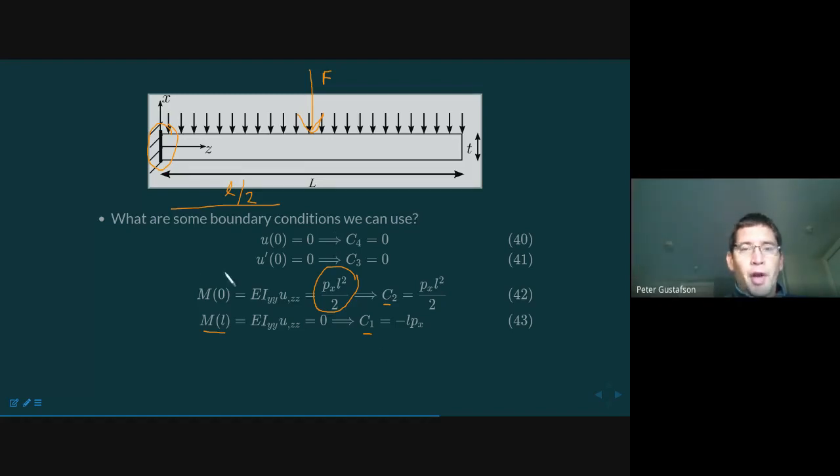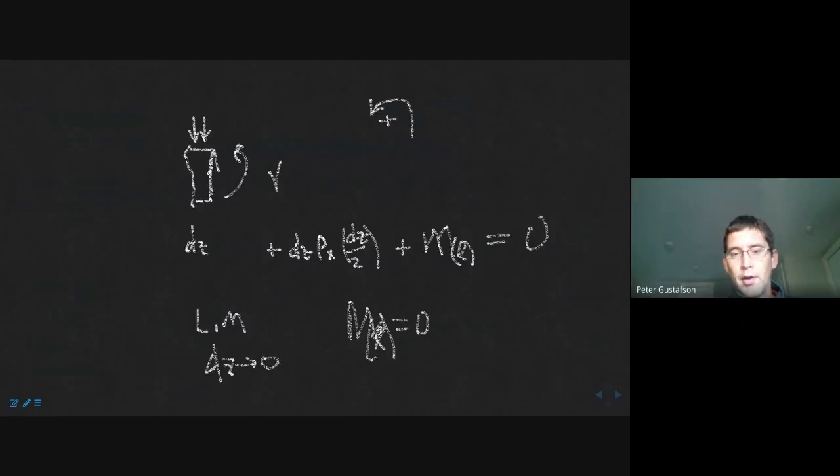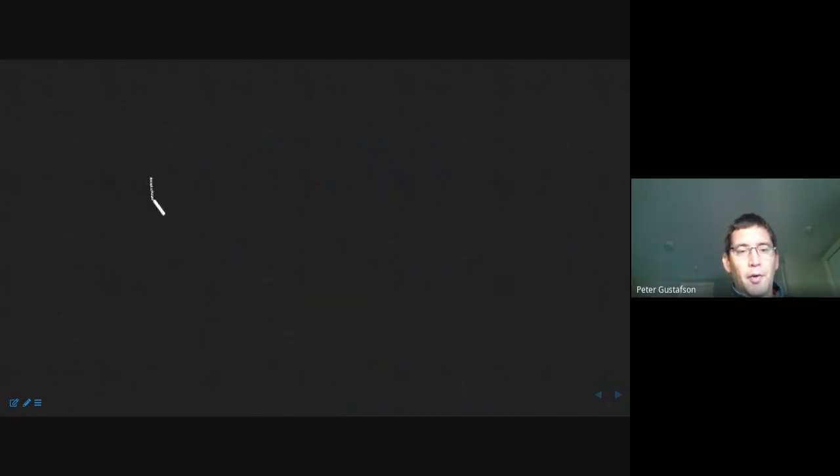Note there's another boundary condition. Basically what Alex had suggested doing at the right-hand side, we could do something similar at the left-hand side, and that would be to take a cut at the left-hand side and draw our resultant force here, V of 0.